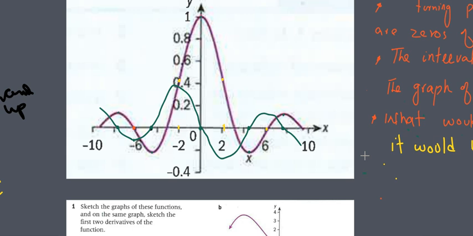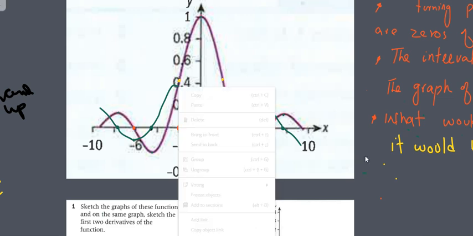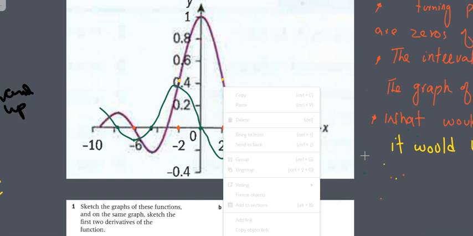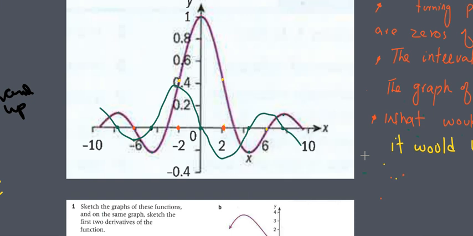The function is turning at this point, right? So I will get 0 at this point. Similarly, the function is turning at this point, so I will get 0 at this point. All these are the points of inflection, the x values.